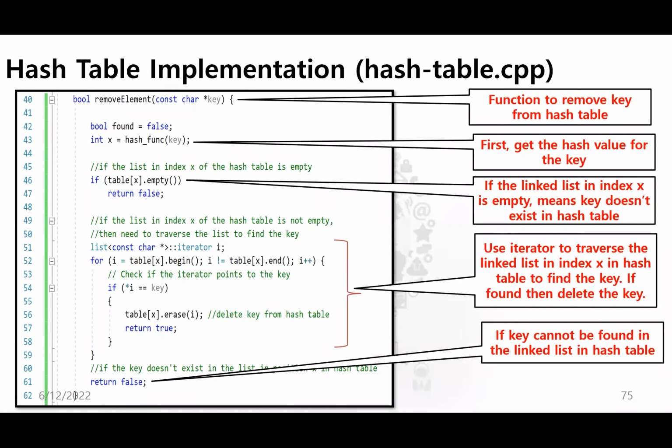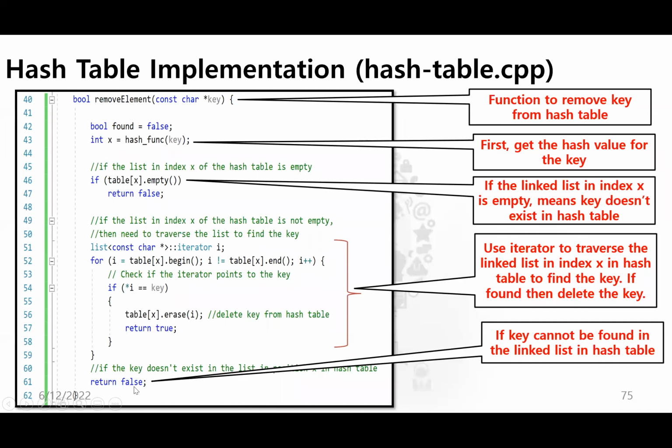So you want to find Proust, so you have to go through the list. You compare Langsam, not Proust, then you go to the next, Proust, then you find it. Okay, so when you find the key, then you erase, you delete. And then return true, which means you successfully removed. Else, if when you go through the list, this item doesn't exist in the list, which means the item doesn't exist, so you also return false here at the end.